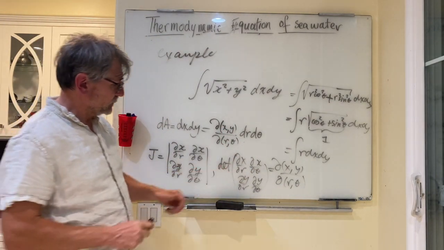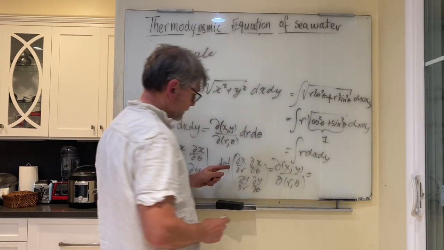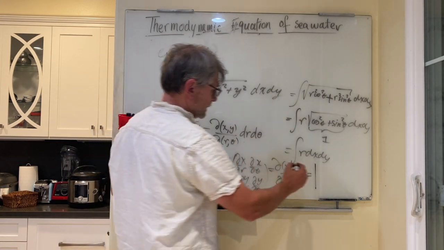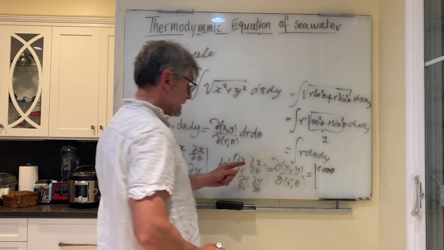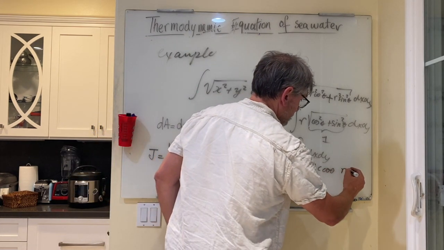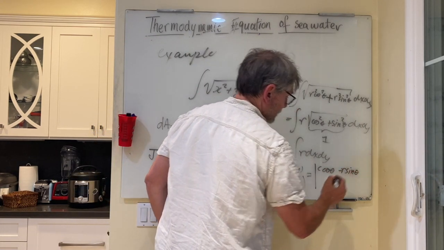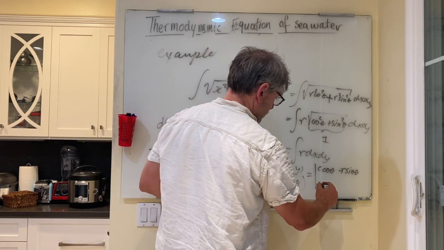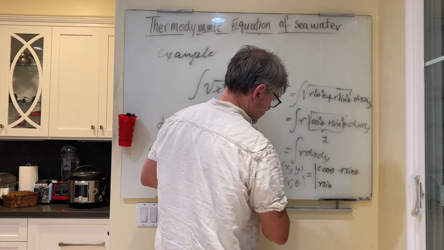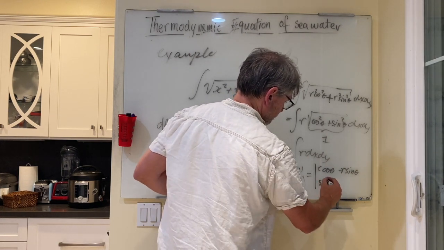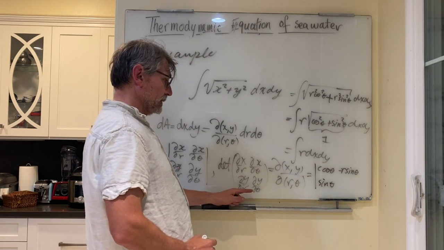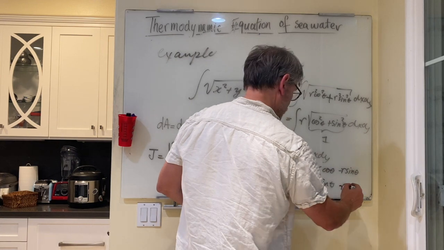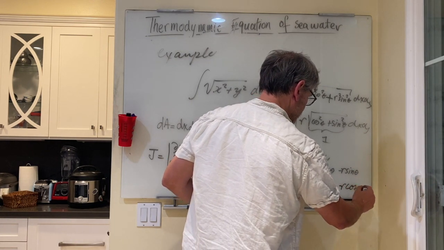So I can calculate these derivatives, and I can evaluate that determinant. So dx dr is just cos theta. dx d theta is minus r sine theta, right? The derivative of cosine is minus sine. And then dy dr, that's r sine theta. Oh, sorry, just sine theta. And dy d theta is r cosine of theta.